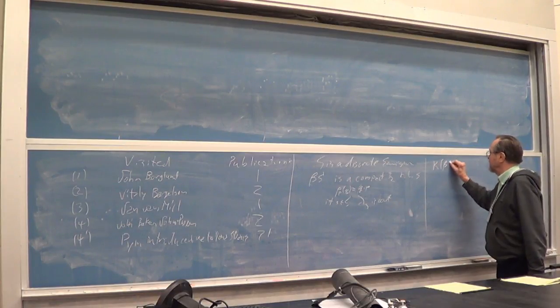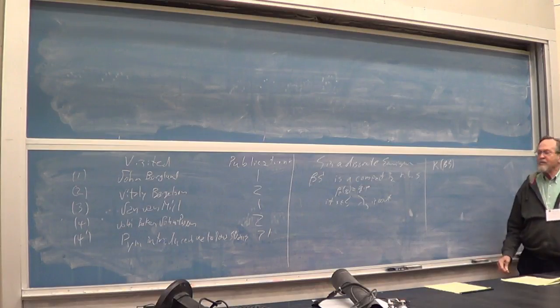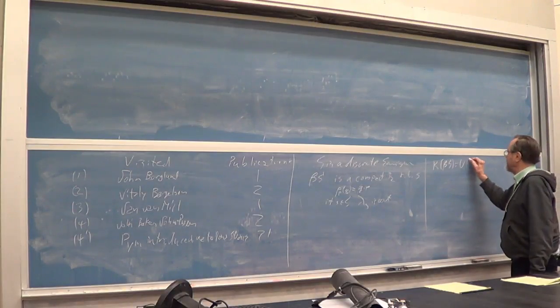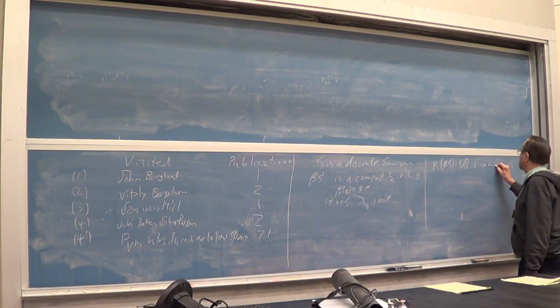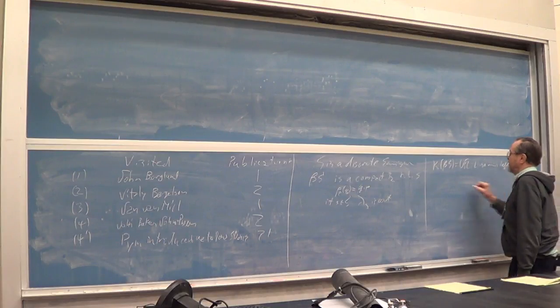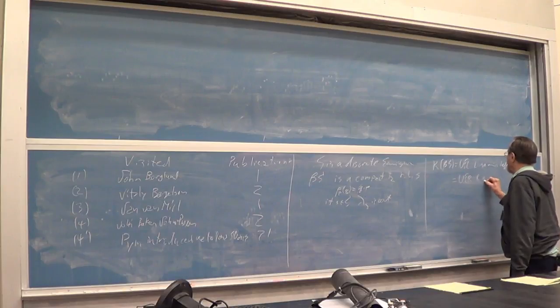It has K of beta S, the smallest 2-sided ideal. And that is the union of the set of all L such that L is a minimal left ideal. And it's also the union of the set of all R such that R is a minimal right ideal.